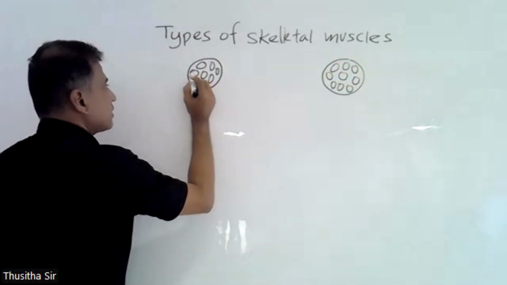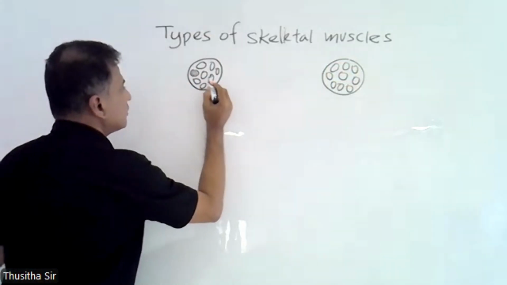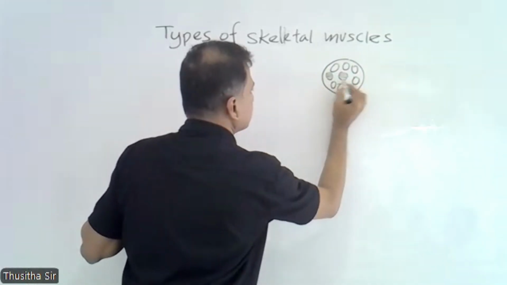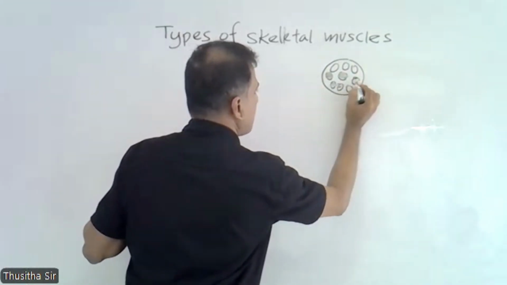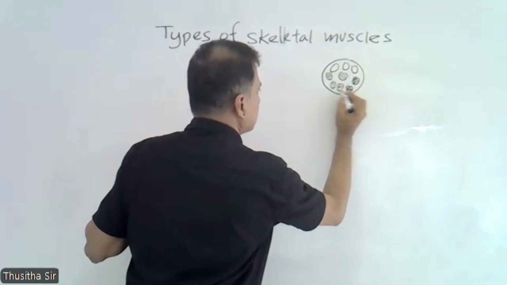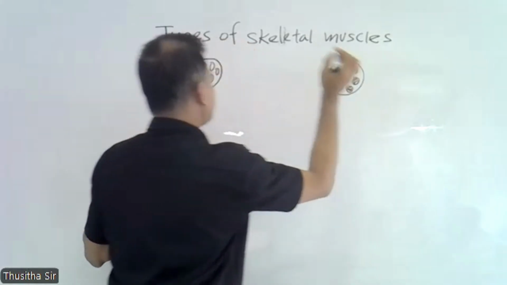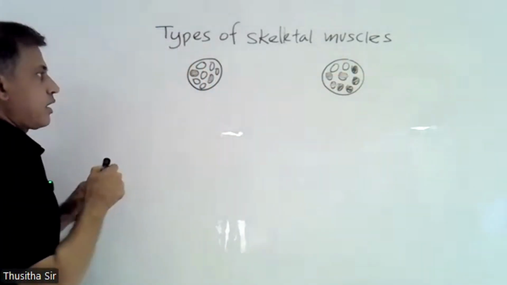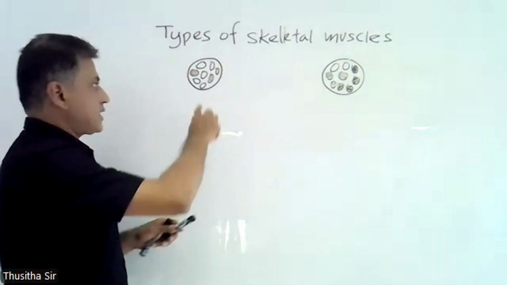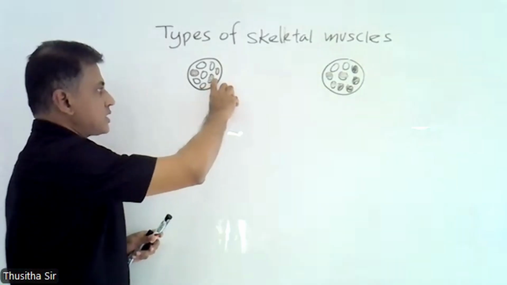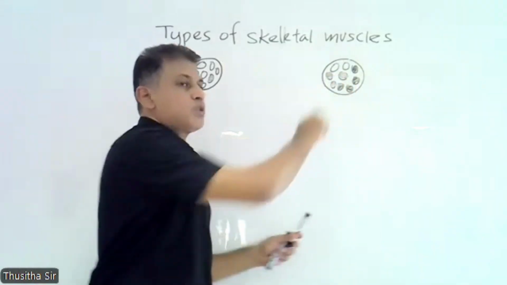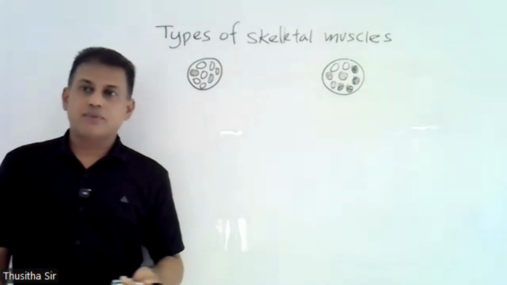Okay, now you see these 2 pictures. The organization of muscle cells. There are less shaded cells here, and here more shaded type of cells, right?